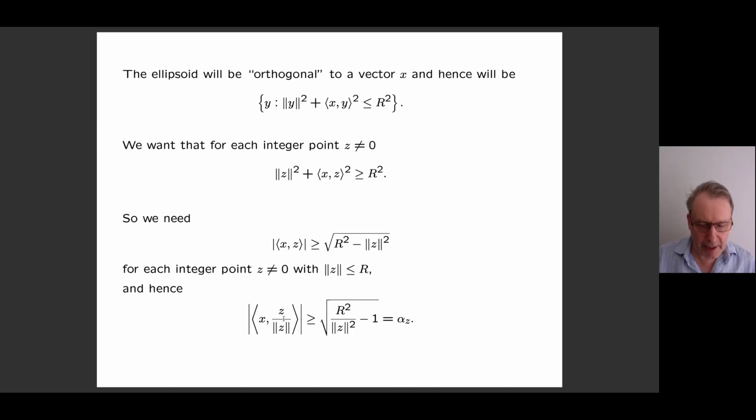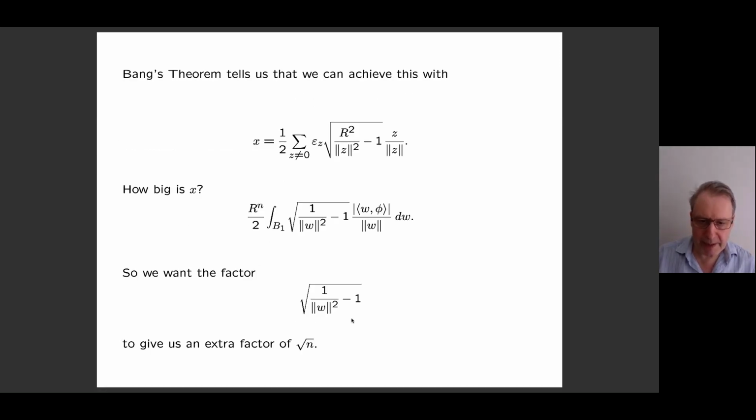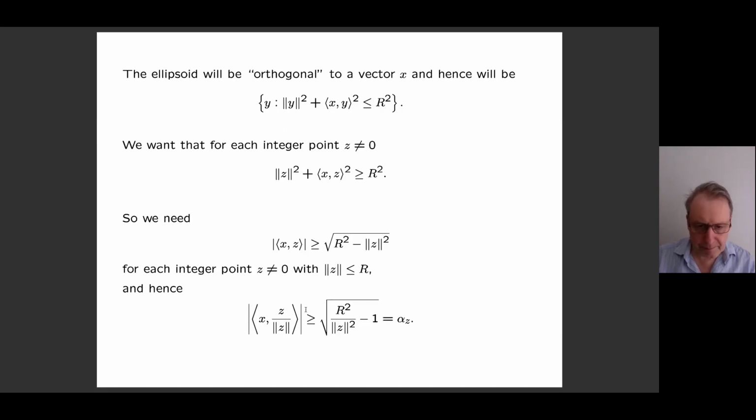And so now you see we've got to find a vector x whose inner product with these unit vectors, the rescaled lattice points, is at least this weight. I've rescaled by dividing by the length of z, so I get this quantity here. This will be my alpha sub z, my alpha corresponding to each lattice point.